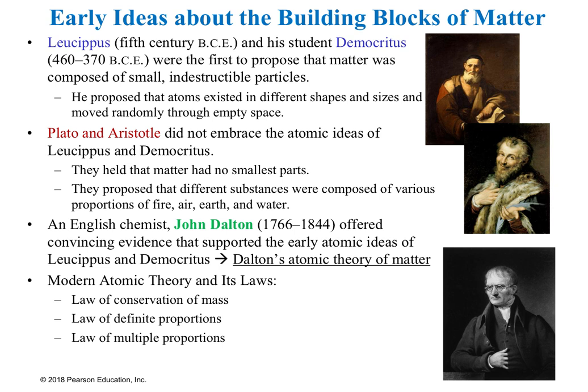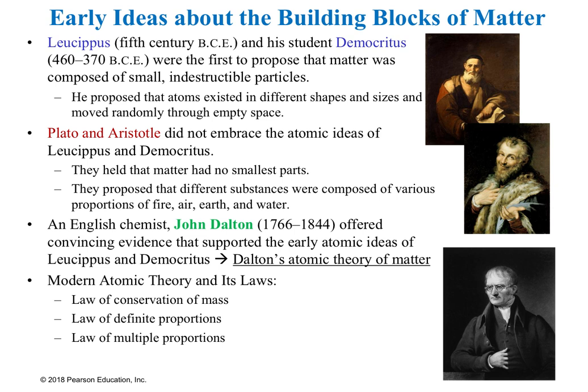All right, a little bit of background quickly on the early ideas of matter. Leucippus originally thought that matter was basically made up of small particles that were indestructible, but he thought that each of these atoms were different shapes and sizes that just moved randomly.